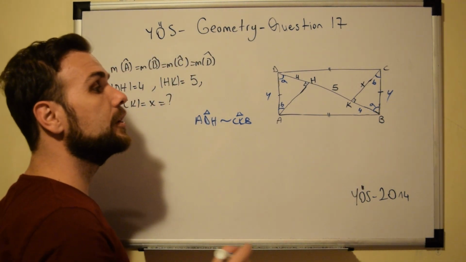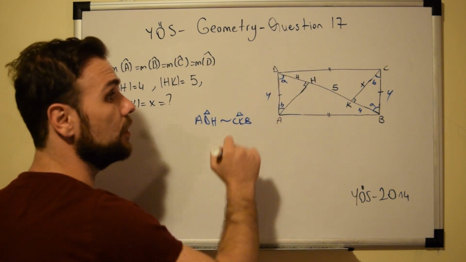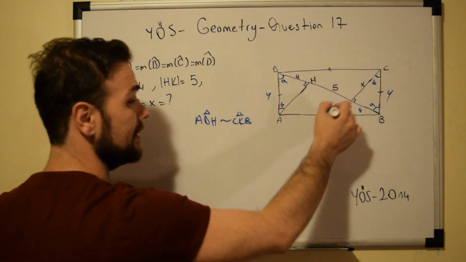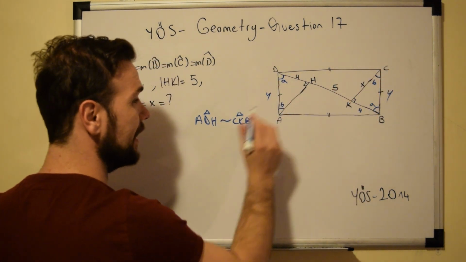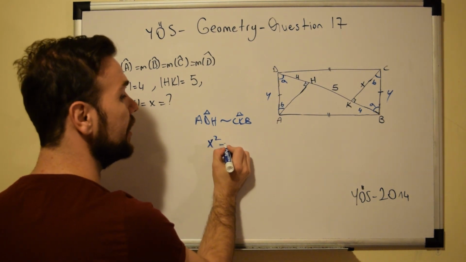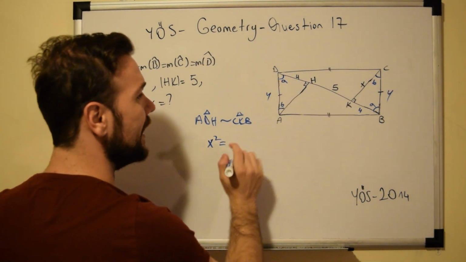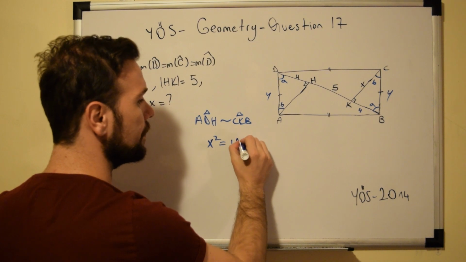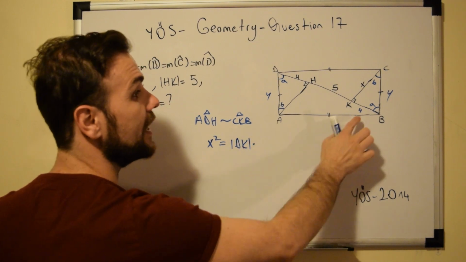What we're going to do is use the theorem of Euclid. And what does that theorem say? It says that CK, in this case x squared, is equal to DK times KB.